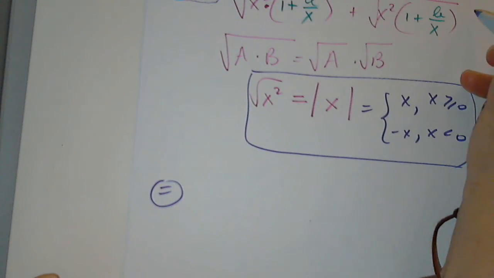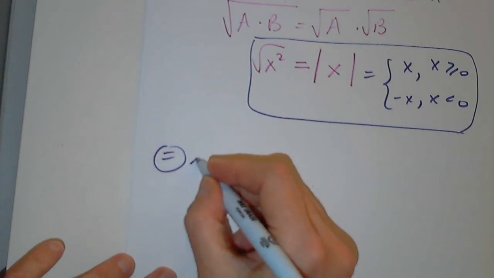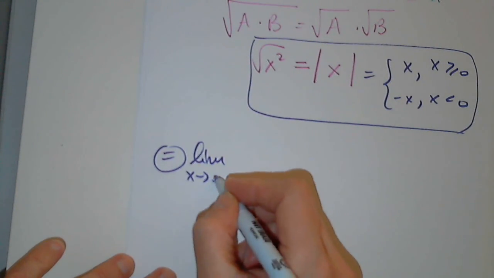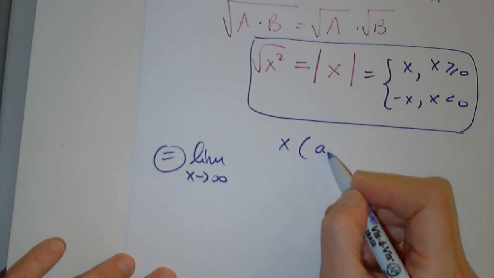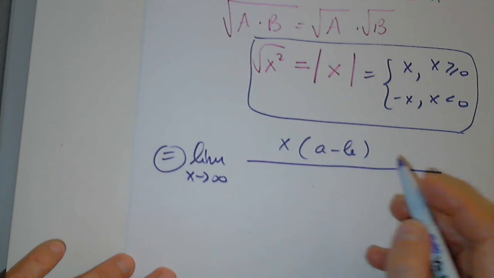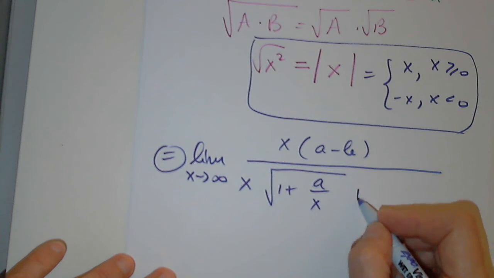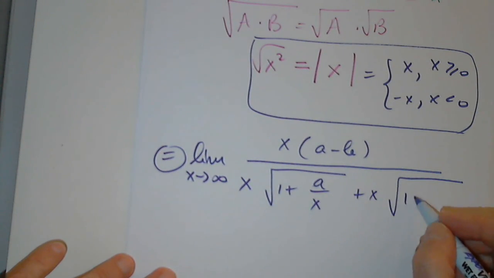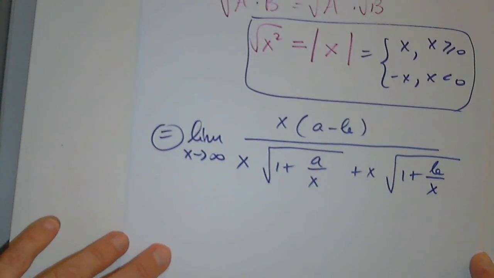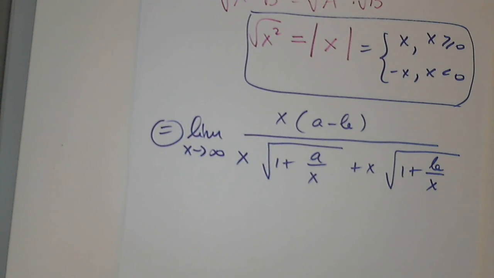Okay, from here. So then this is the limit as x approaches infinity of x times (a minus b) over x times the square root of 1 plus a over x, plus x times the square root of 1 plus b over x. Please remember, do not drop the limit operator till the very end, till the last step.